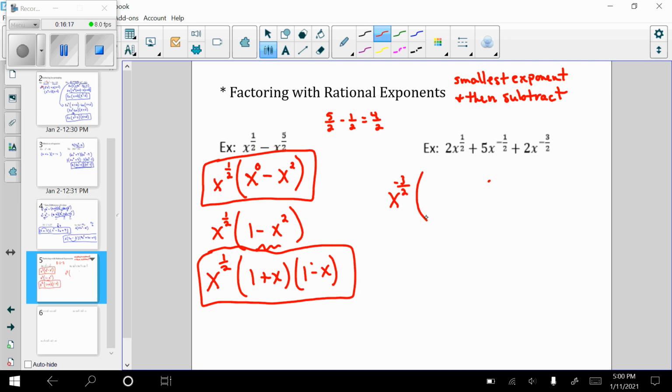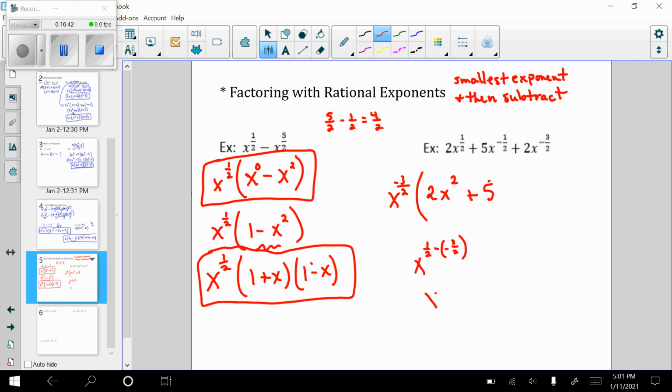Now you're going to have to concentrate on subtracting your negative numbers. So for x to the 1/2, I've got x to the 1/2 minus -3/2, which is going to be 4/2, which is x squared, plus 5.